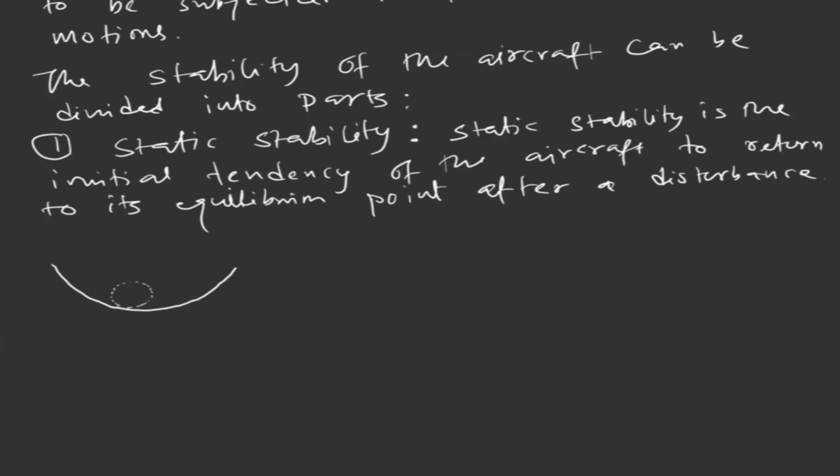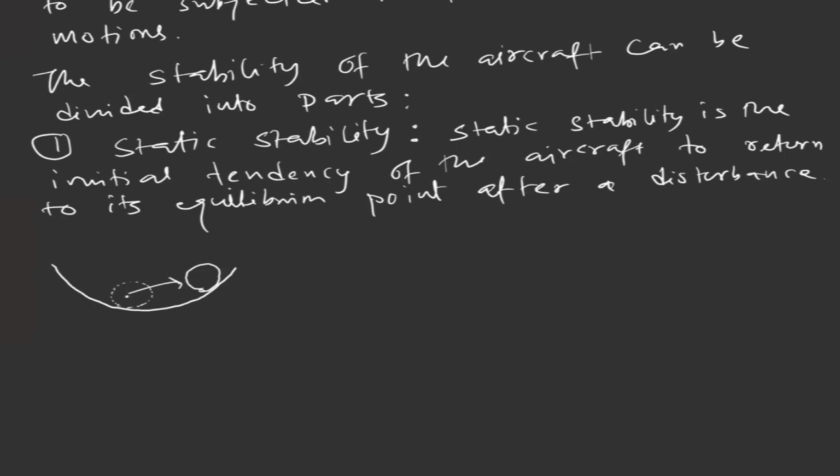If you apply some disturbance on this ball, and let's assume the ball after the disturbance has been shifted to here. After some time, the ball will come back to the equilibrium point because there is some restoring force acting on the ball after it is disturbed from the equilibrium conditions.